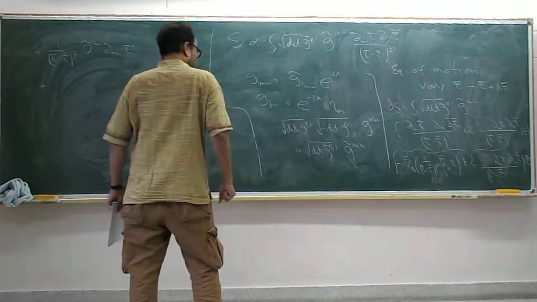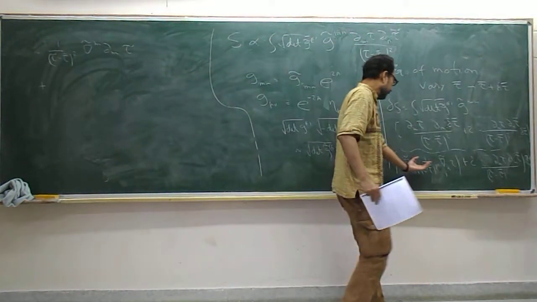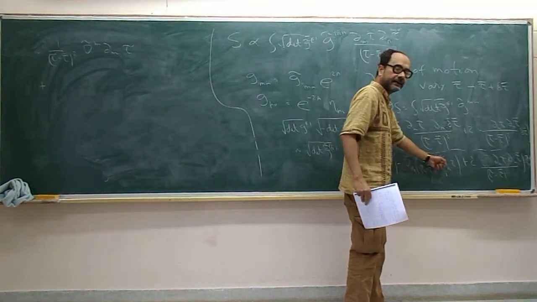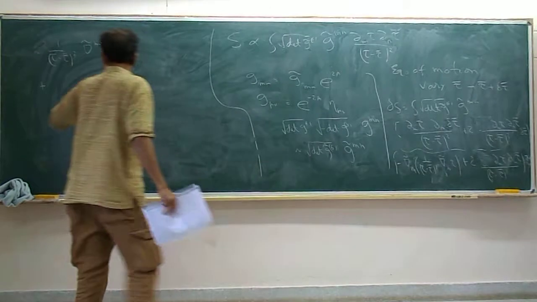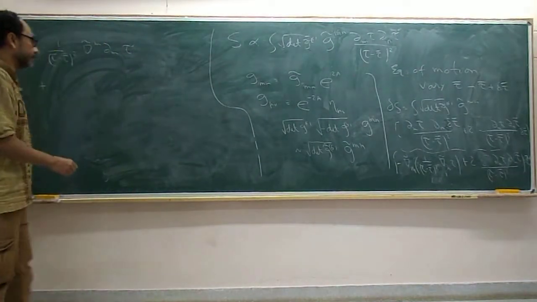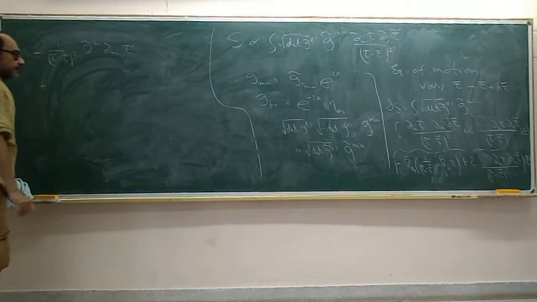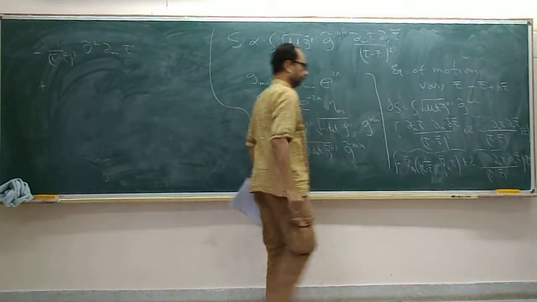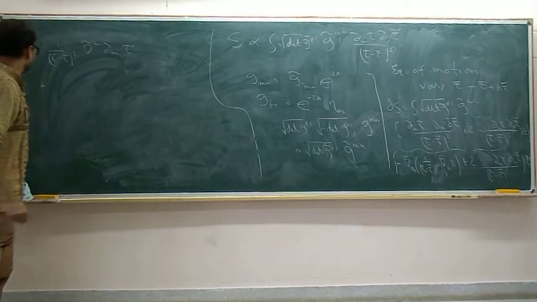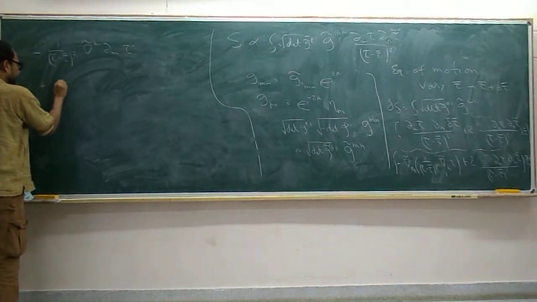Okay, so when we evaluate this, the first term is where both derivatives act on tau. That's this term that I have written here. There is a minus sign, so let me write that minus sign. The second term is when this one acts on this. So that will be g tilde mn.